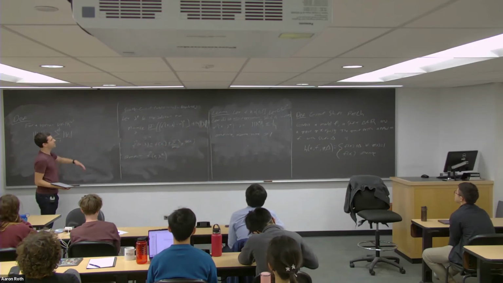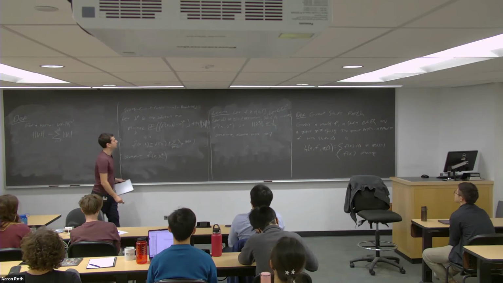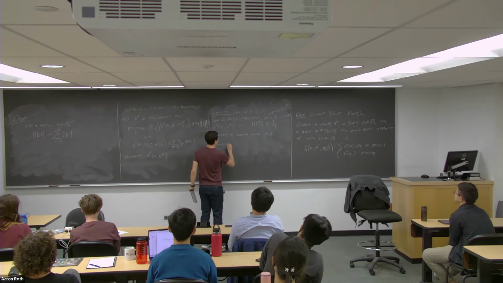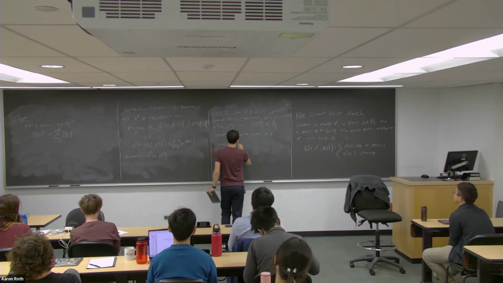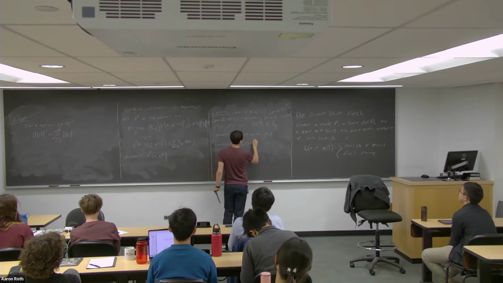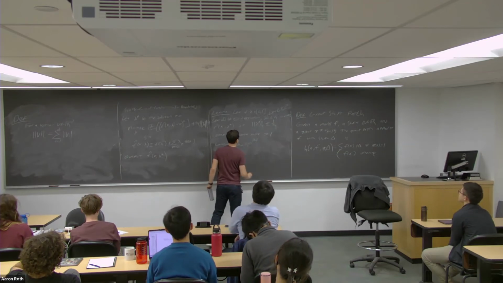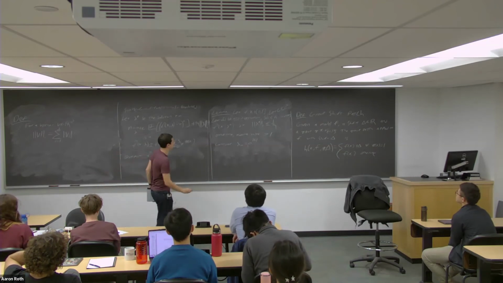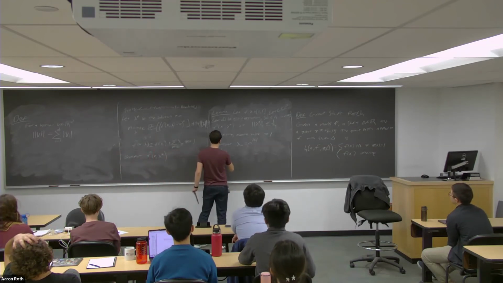And I claim that then that couldn't possibly be optimal, right? Because consider this alternative solution where I just choose lambda 0, which is the all zeros vector. Well, what would the objective value of this thing be?